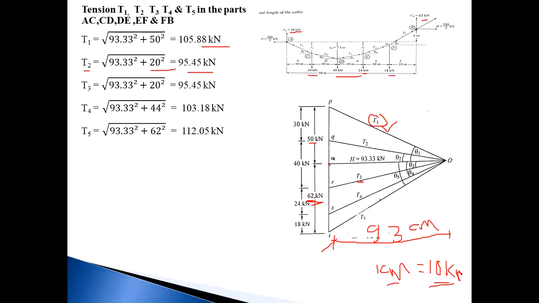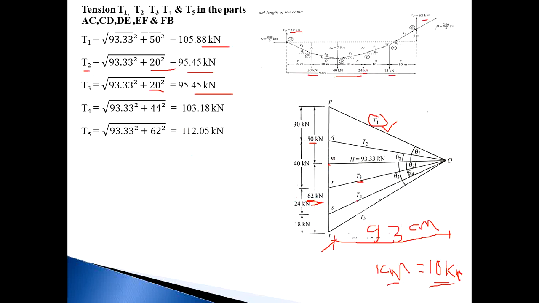The difference between 62 and 42 is the distance RM, and the value becomes 20. So taking the square root of 93.33 square plus 20 square, the T3 value becomes 95.45 kilonewton.